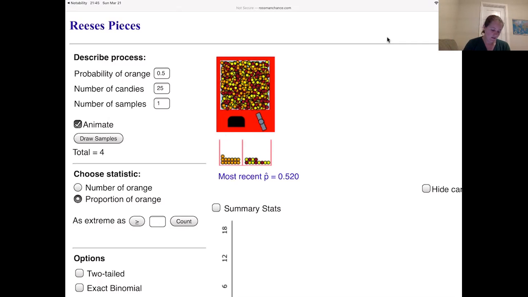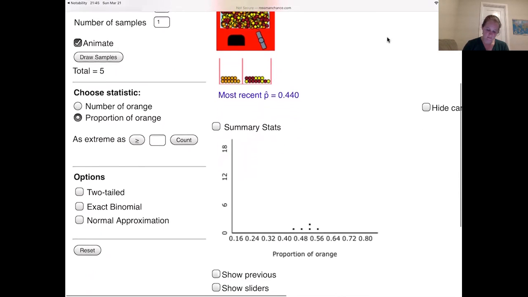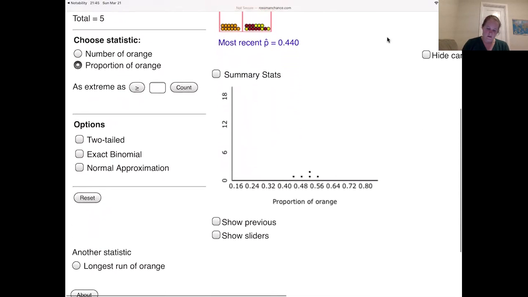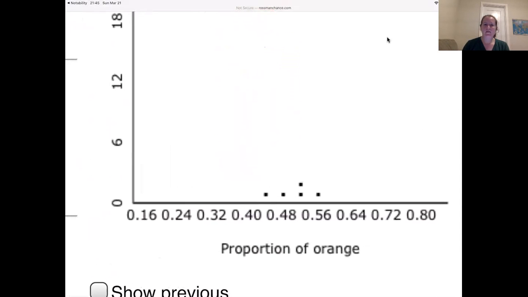Again, we had 13 out of 25. And 11 out of 25. Now, if I scroll down a little bit, there's a dot plot down here, which shows precisely those 5 proportions we just had.